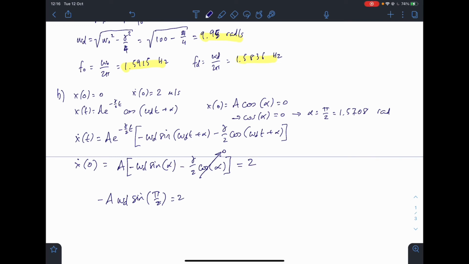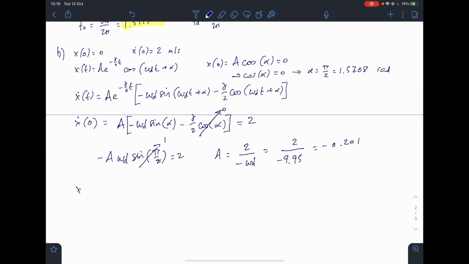What's sine of pi by 2? 1. So A equals 2 divided by minus omega d. If you do that sum, there's our value for A.